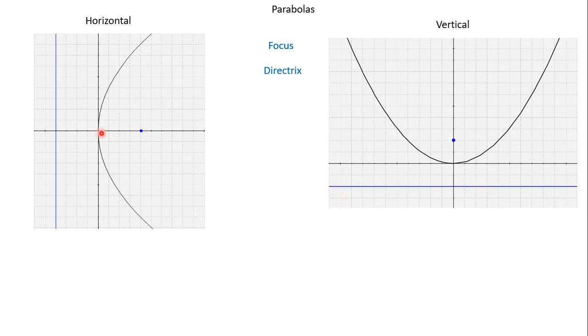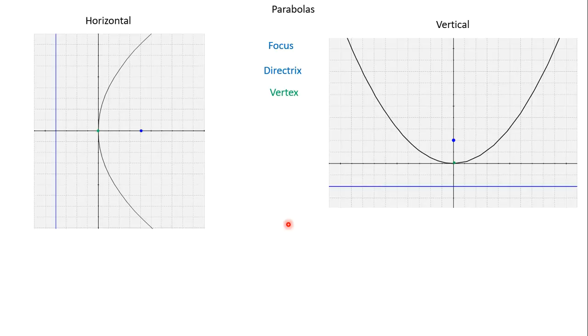Notice the distance from the focus to the vertex is the same as the distance from the vertex to the directrix. Same thing here. We have 2 units in both of these cases. Then the vertex, which I've been using the word vertex like you know what it is, because you do. It's that point, the maximum, minimum. It's the turning point of the parabola.